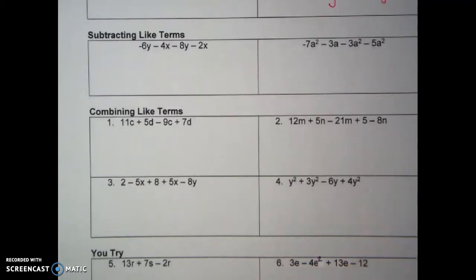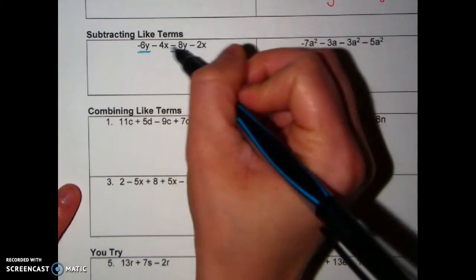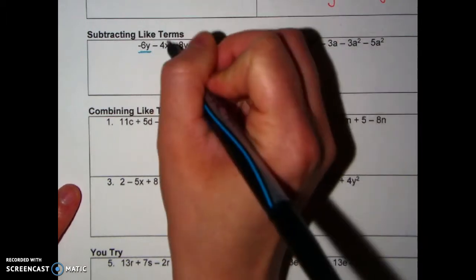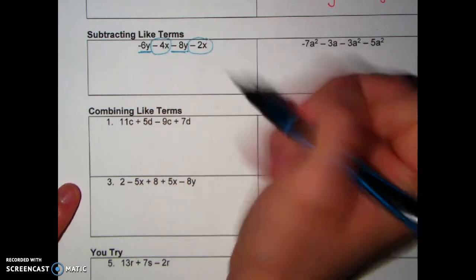Let's look at subtracting now. So all of these are basically negatives, adding negatives together. So I'm going to underline the y's. And notice I'm underlining including that negative sign in front of it. And I'm going to circle my x's. Now I'm going to combine like terms.